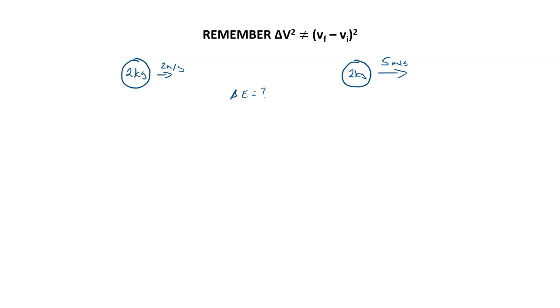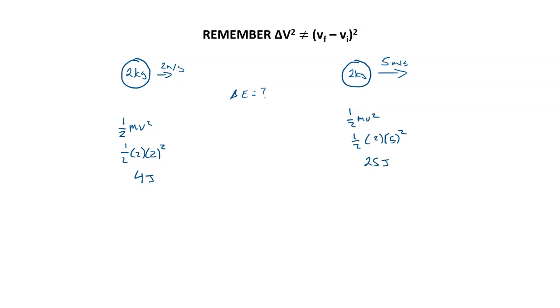What is the change in energy? Well, first, we're going to use 1/2 mv squared for the ball before it starts, which means 1/2 times 2 times 2 squared. So it had 4 joules of energy. After this force has moved it and it's now moving 5 meters per second, again, we're using 1/2 mv squared, and we wind up with 25 joules.